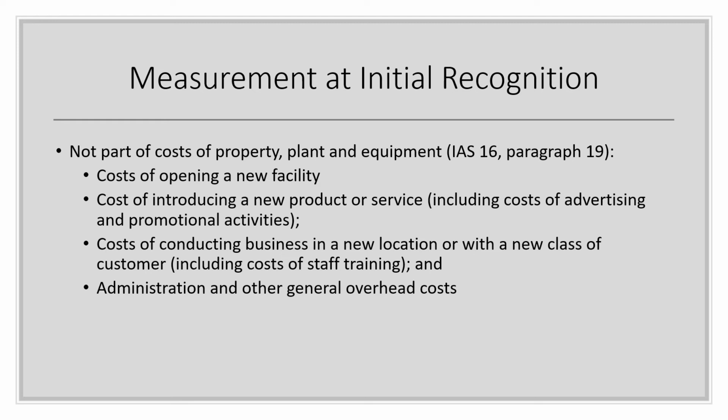For the opening ceremony, you incur costs, for example, the cost of food because there will be visitors and you need to offer something to them. That will be part of your expense or marketing expense, for example.